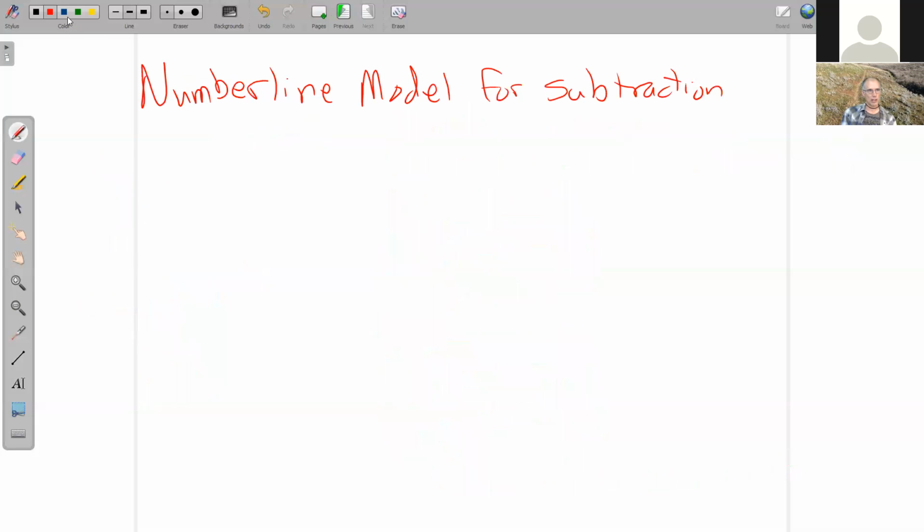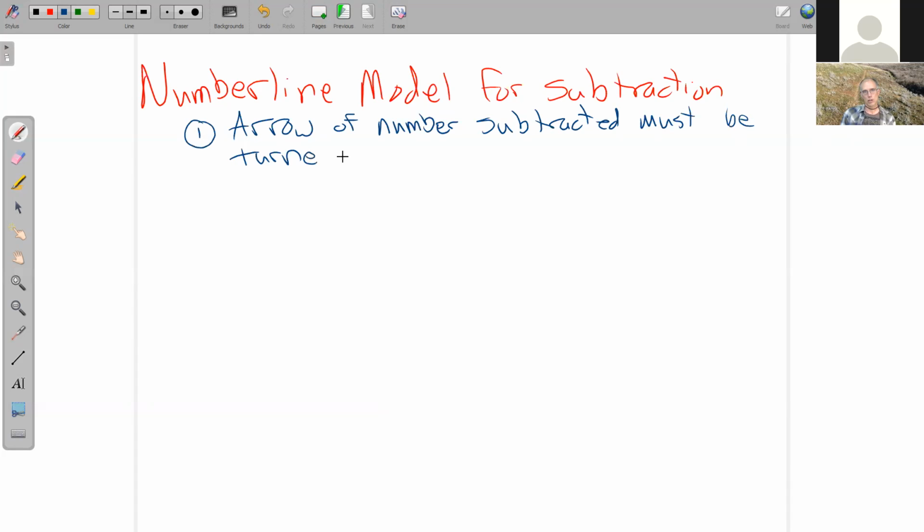And as far as the number line model goes for subtraction, there's two rules that make it work. One is that the arrow for the number that's subtracted has to turn and face the opposite direction. But then otherwise, it's pretty much like addition.